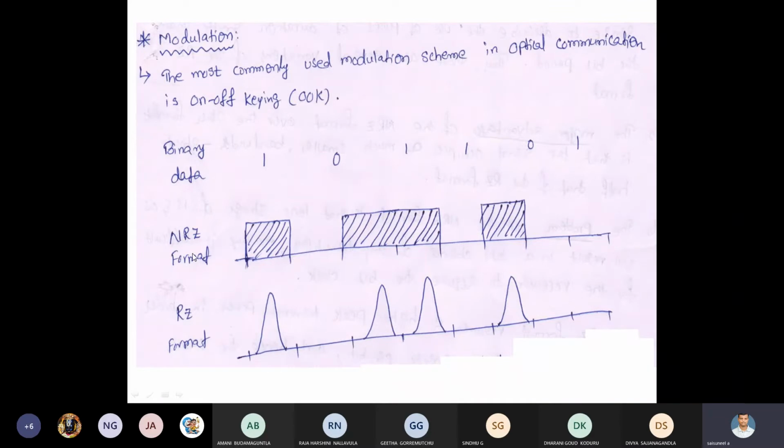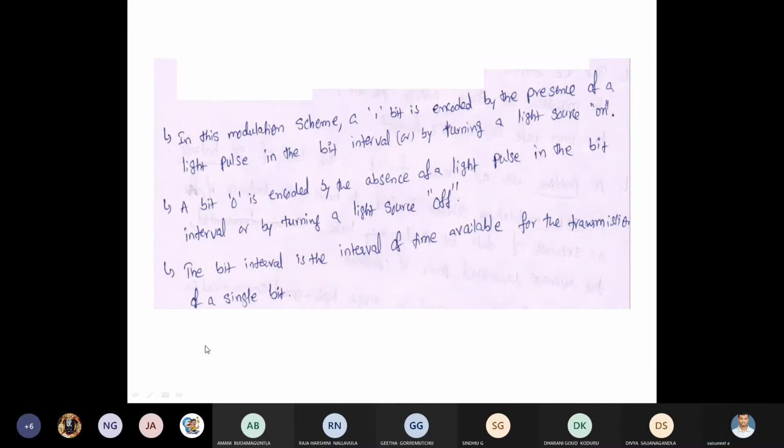That is the difference between non-return to zero format and return to zero format. Whenever input binary data is 1, the light source should be turned on. Whenever the bit is 0, the light pulse should be off. That's why it is called on-off keying.